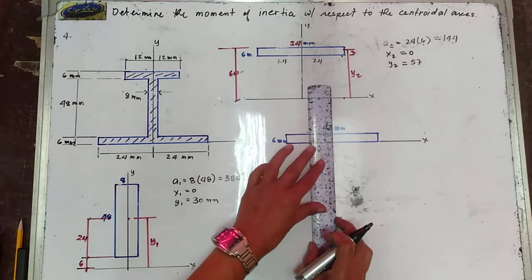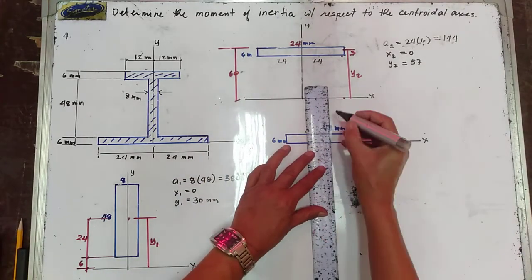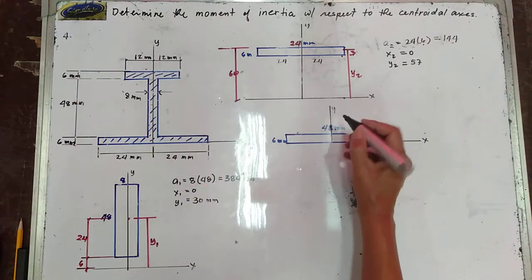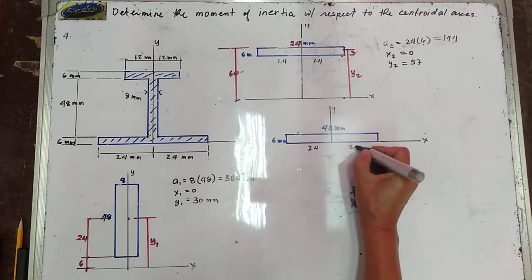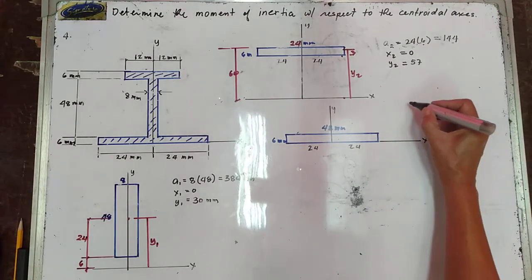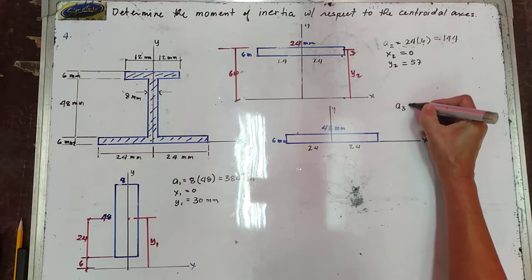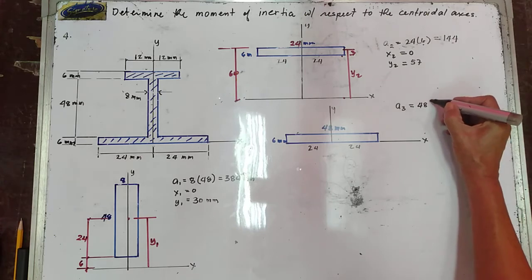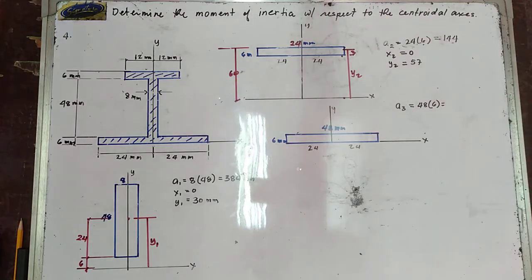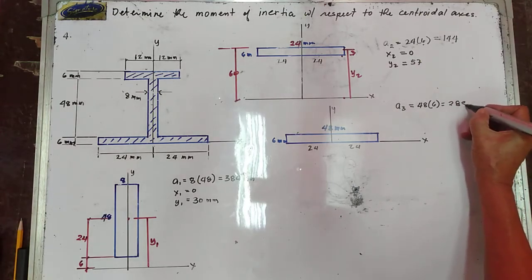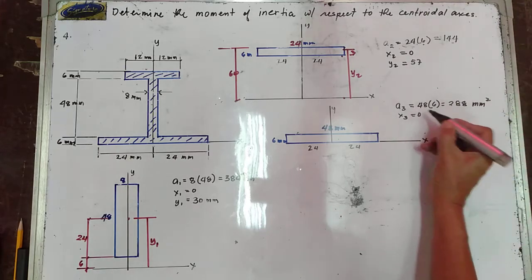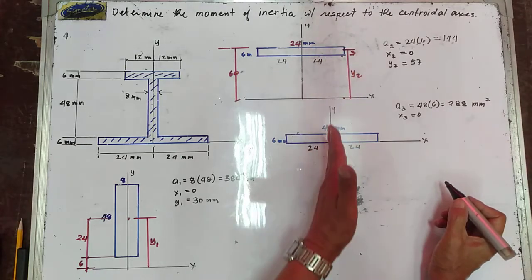And from here is your y-axis. So this is 24 and that one is 24. So your area 3 is equal to 48 multiplied by 6, and this is equal to 288 square millimeter.